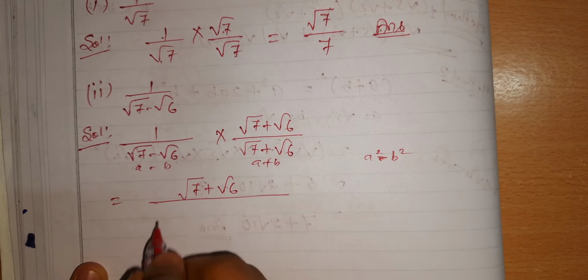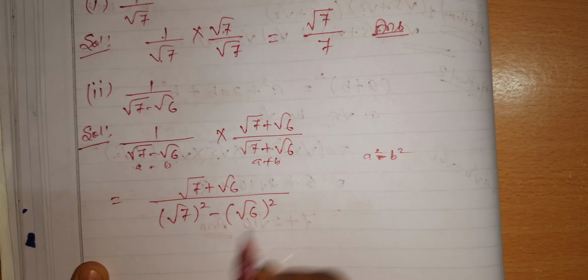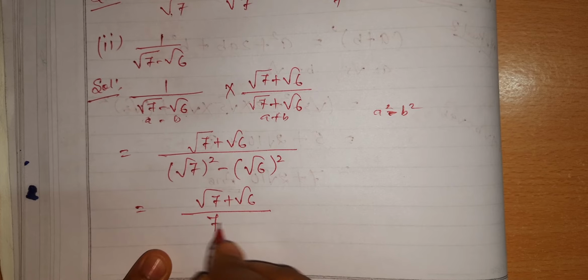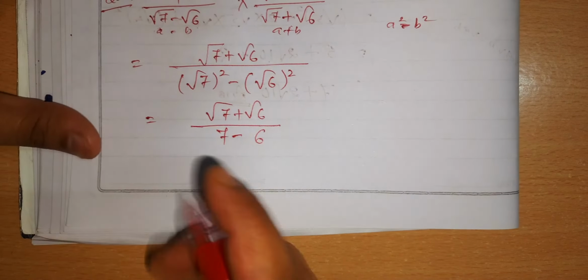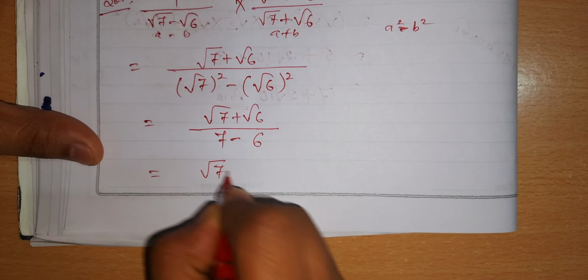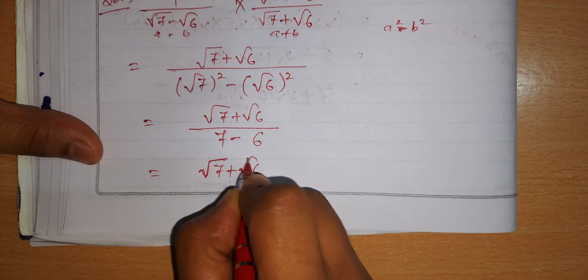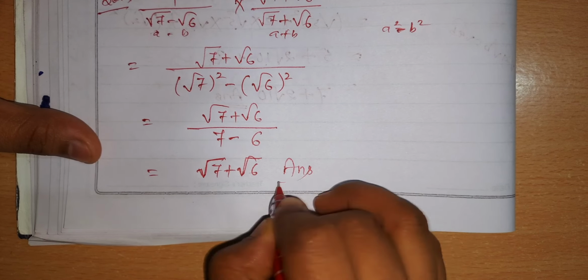A square means root 7 square minus b square means root 6 square. So root 7 plus root 6 in the numerator, root 7 square is 7 and root 6 square is 6. Now 7 minus 6 is 1. So root 7 plus root 6 will be the answer. We don't write divided by 1. It is understood. So this is the only answer.